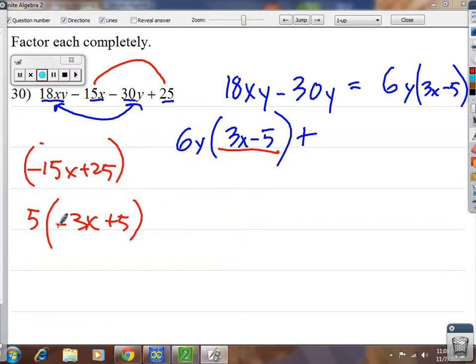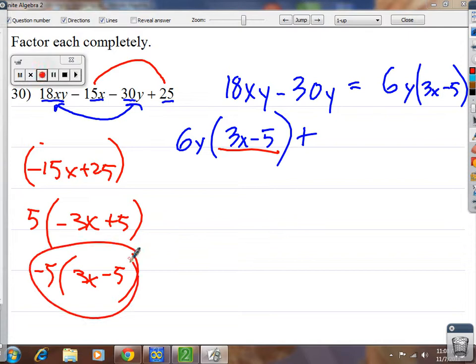But if I alter that a little bit, if I pull a negative 5 out, that's going to give me my target. This is going to be 3x minus 5. Now, these are both correct. They're both the exact same thing. But if I had to choose the top or the bottom, I want to choose the bottom because minus 5 times 3x minus 5.